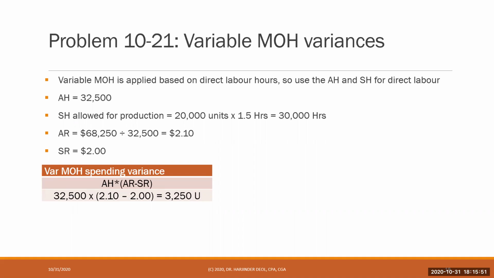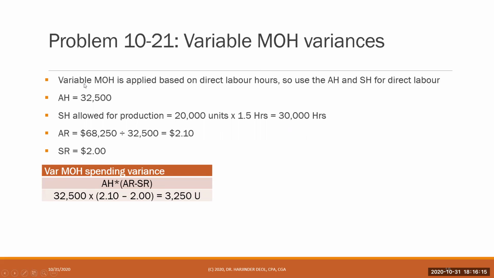There is no efficiency for variable overhead on itself because the actual hours for labor were 32,500 and the standard hours allowed for production were 30,000. We ended up with an unfavorable labor efficiency variance.